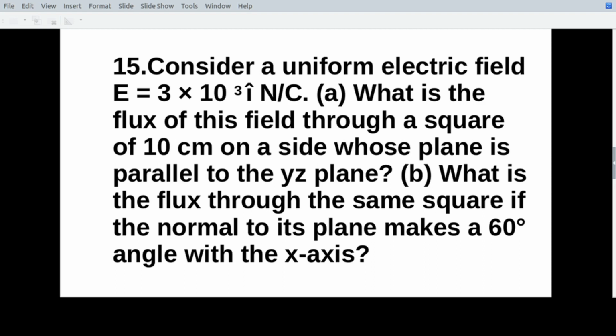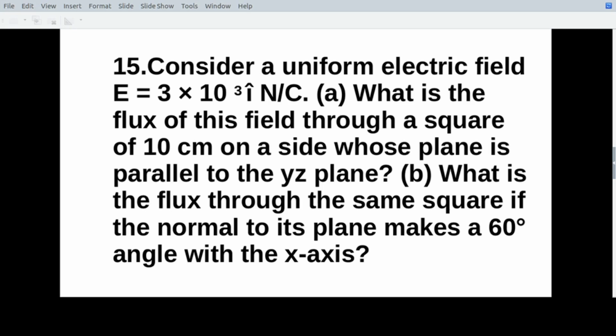Another factor given is that the square's plane is parallel to the YZ plane. The square is in the YZ plane. Electric field is along the x-axis. Now you can imagine the situation.